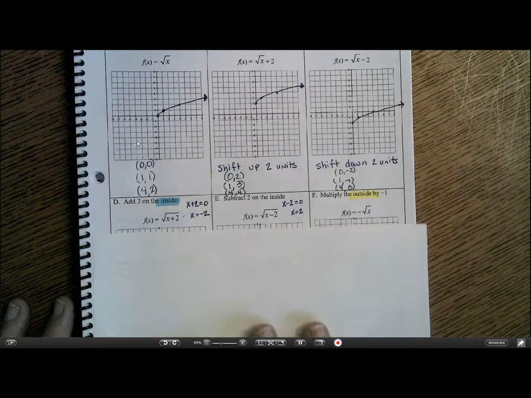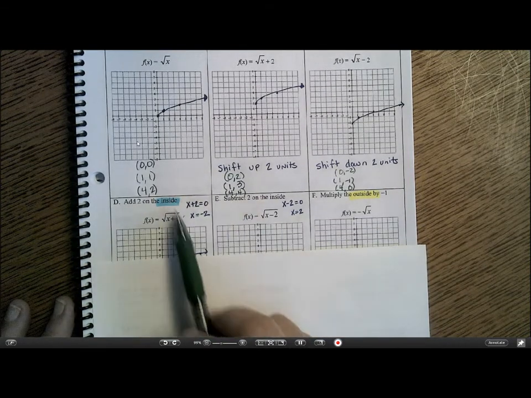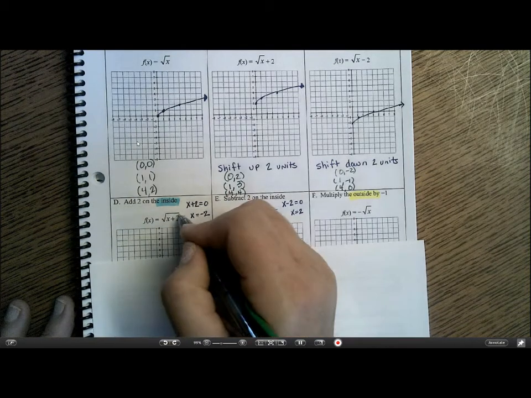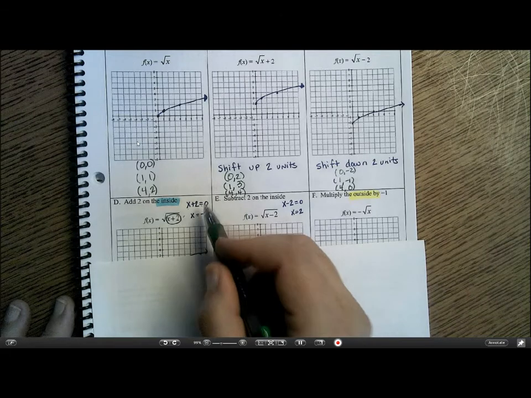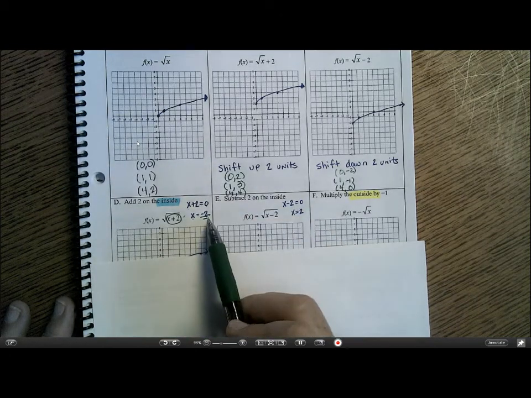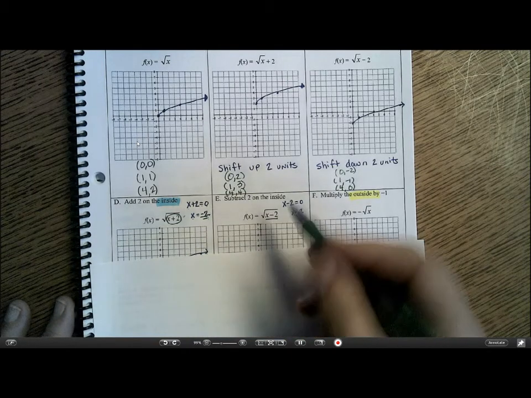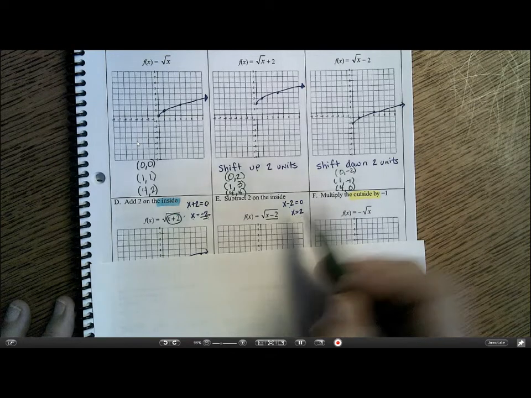Now let's take a look at the effect when it's dealing with the inside. Anytime you have something on the inside, you want to set whatever's on the inside equal to 0 and solve for x, and then analyze what this is saying. So this is saying that we're going to go left 2. Here again, we're going to set this equal to 0 and it's a positive 2, so we're going to the right.